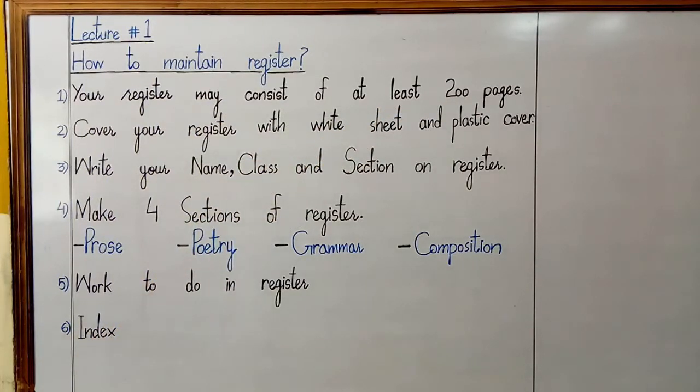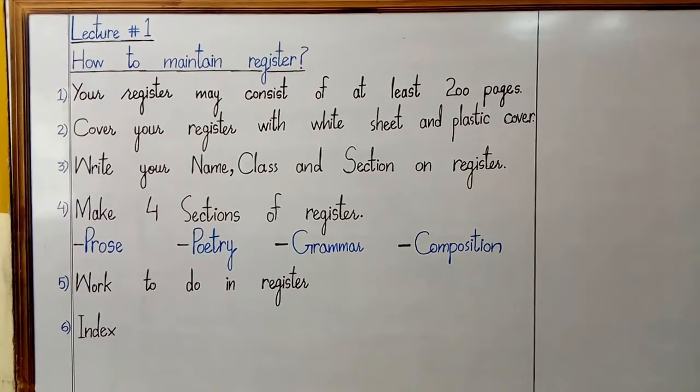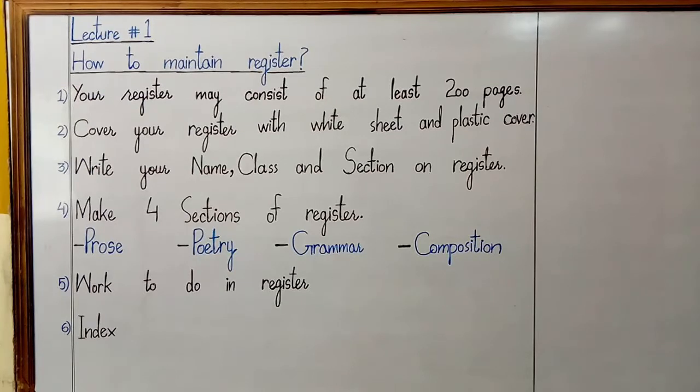Why do you need a register of 200 pages? Because along with your English notes provided to you by school management, you will have sufficient amount of work to do in your register too. So for that work, you need at least 200 pages.